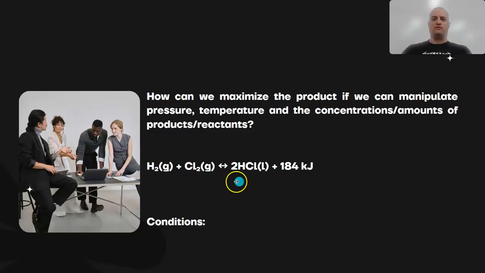Lastly, temperature. Since I have energy on the right side, decreasing the temperature will then enable it to react more hydrogen and chlorine to make products. So increasing hydrogen and chlorine, increasing the pressure, and decreasing the temperature are all going to push this to the right.